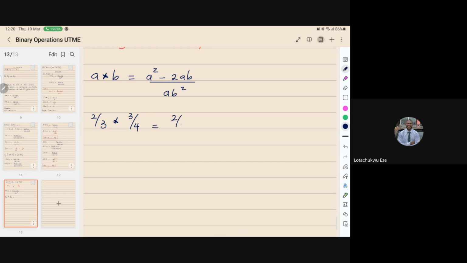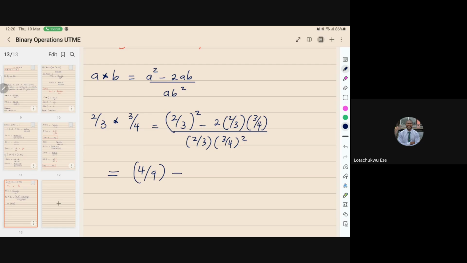It's going to be what? 2 over 3 A squared minus 2 open bracket 2 over 3 open bracket 3 over 4. Then we'll close here. Then we'll have A, which is 2 over 3. Then we'll have 3 over 4 all squared. We'll have to be extremely careful on this. So this will give us 4 out of 9, close that bracket, minus.